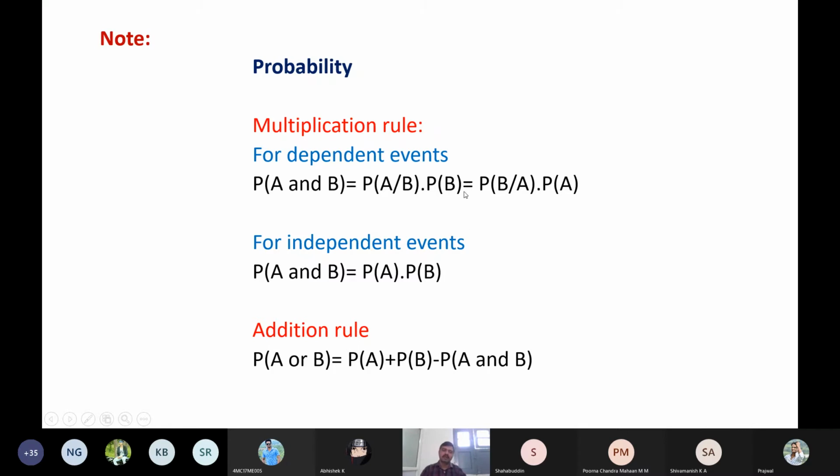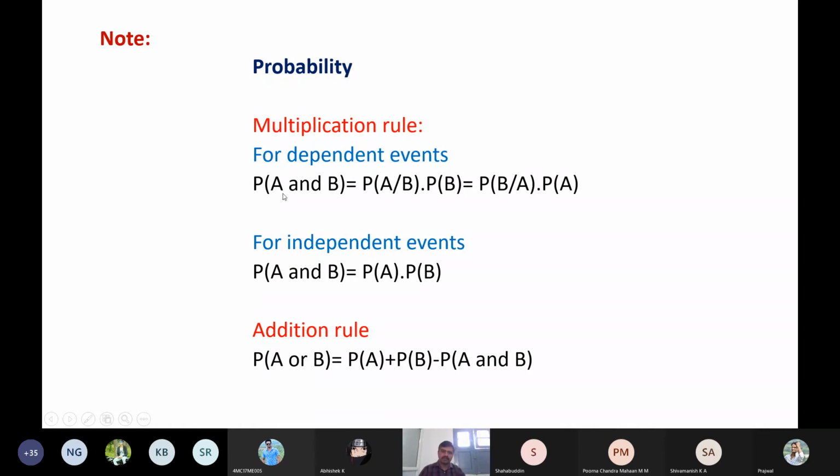We know when you divide a problem into a number of subproblems, some of these subproblems are mutually dependent and some are mutually independent. So there may be dependent subproblems and independent subproblems. You are going to make use of these rules.